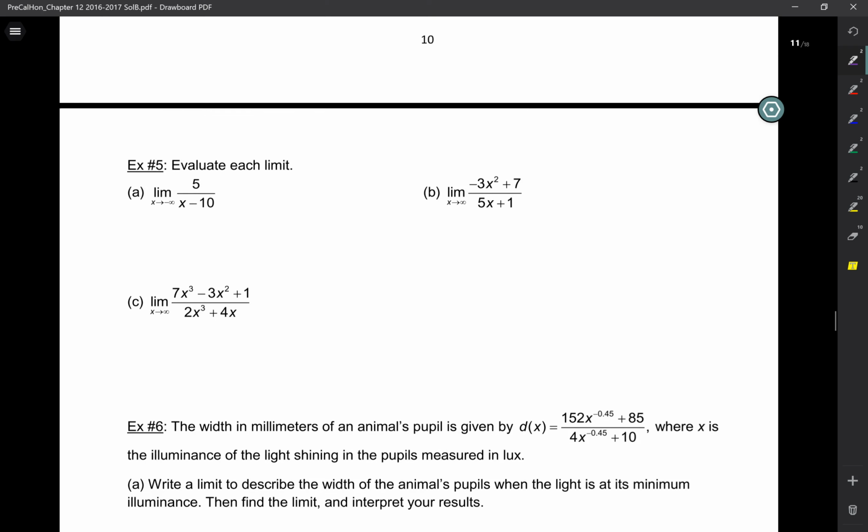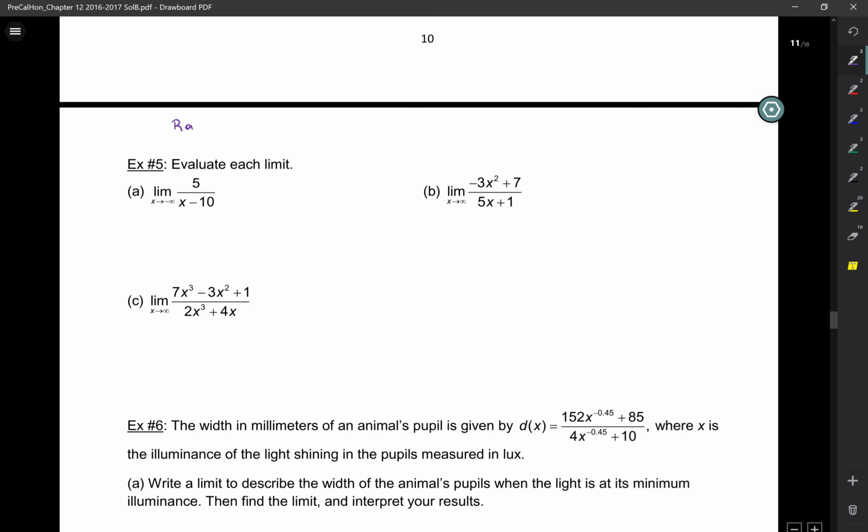When you have rational functions, we take the terms with the highest degree in the numerator and denominator.